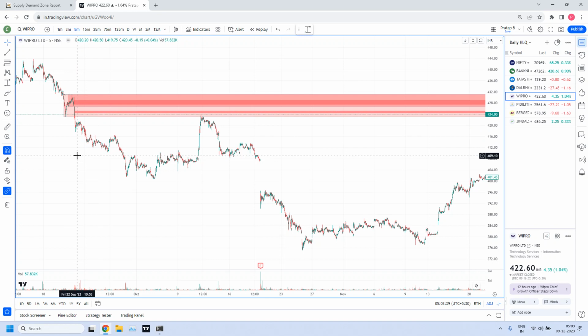In case you did not watch that video, please go through it. That is a very, very important video. That is the basis for this entire demand and supply zone price action theory. So we identify all these demand and supply zones based on institutional imbalances.